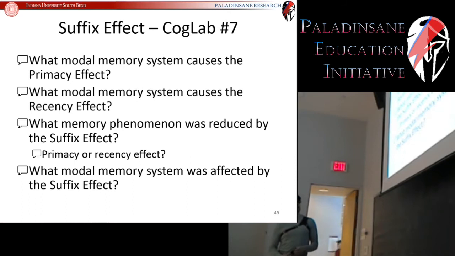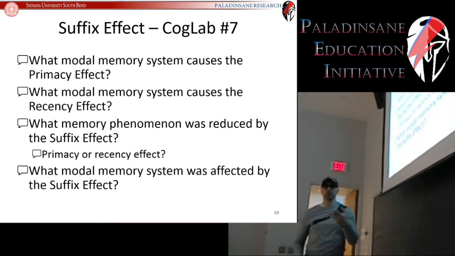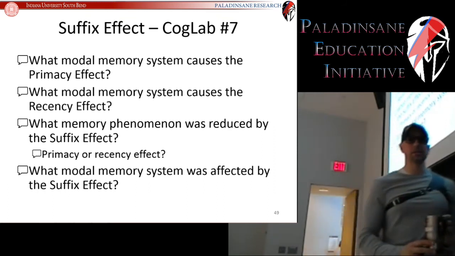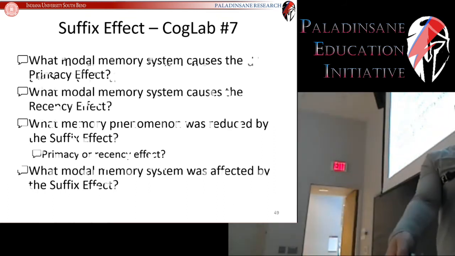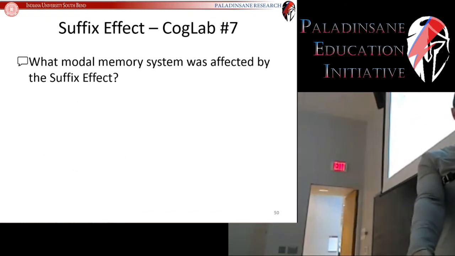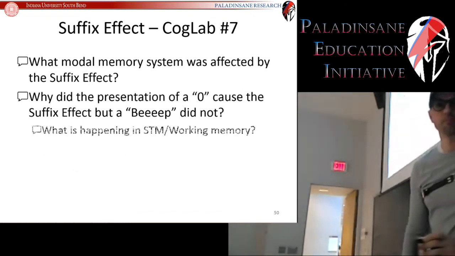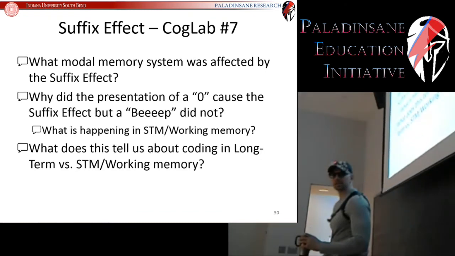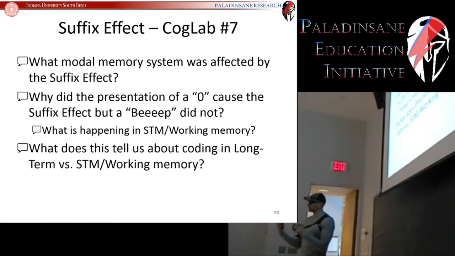All right, and then what modal memory system was affected by the suffix effect? We already mentioned this. It seems to be your working memory and your short-term memory. We've already addressed a lot of these. I think we've preempted the discussion.